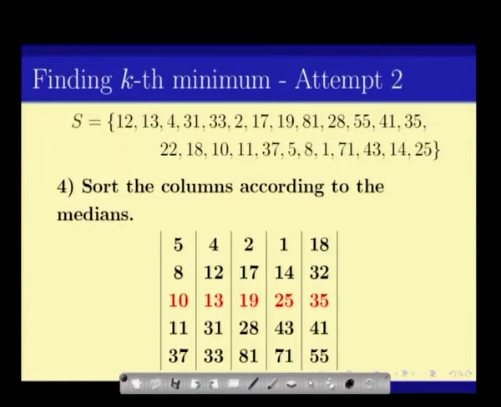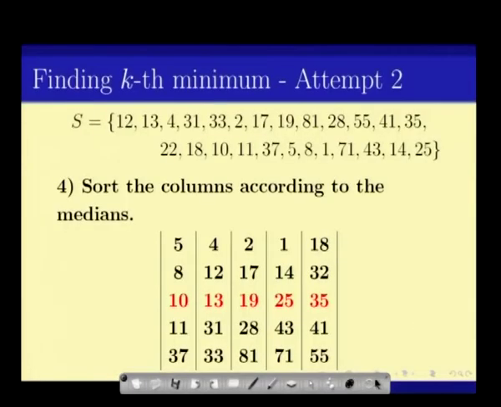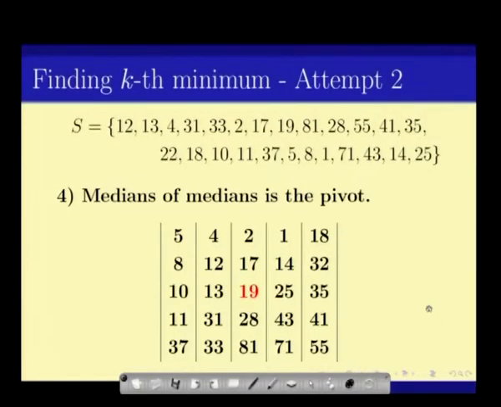Once we are done with this, the medians will help us have some nice element, which is the median of the medians. So, consider the median of the medians, which is 19. So, what did we do till now?